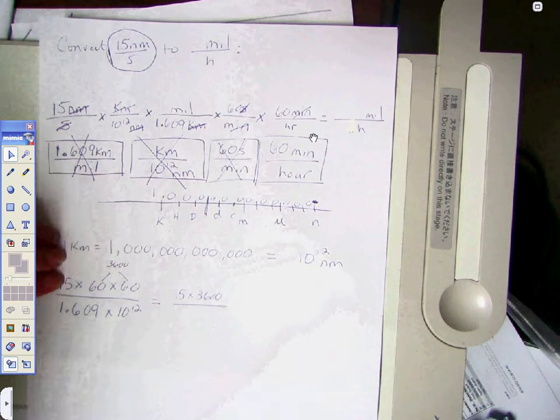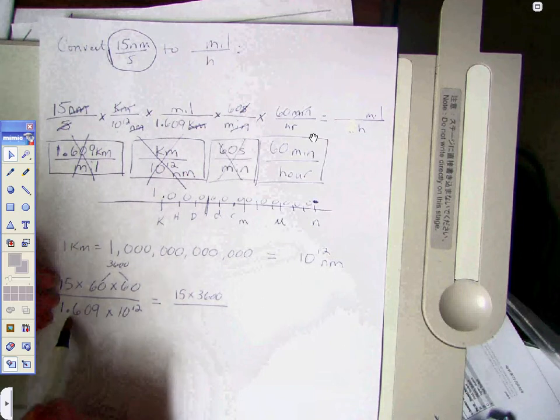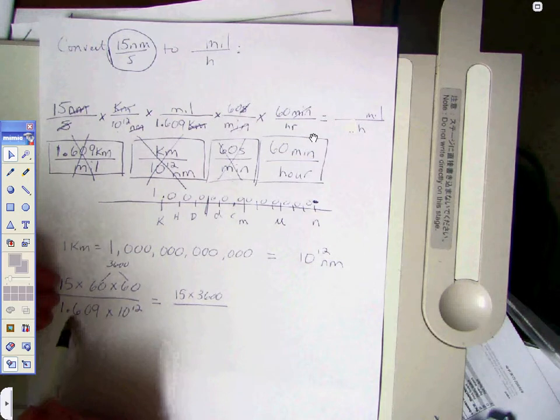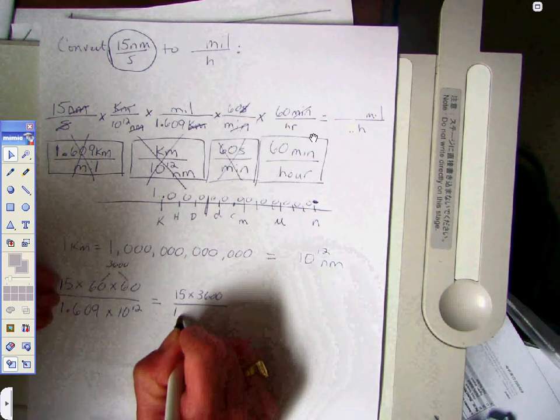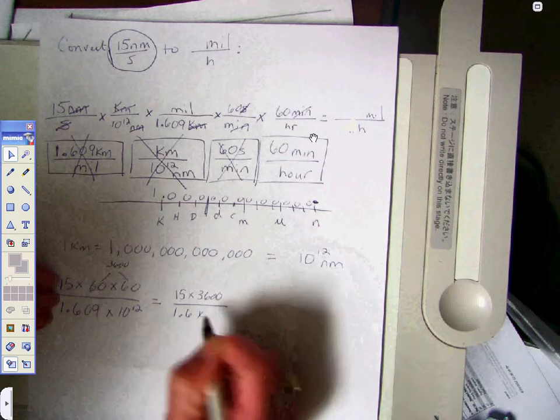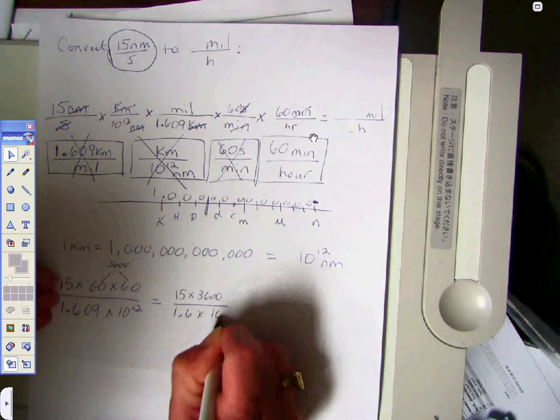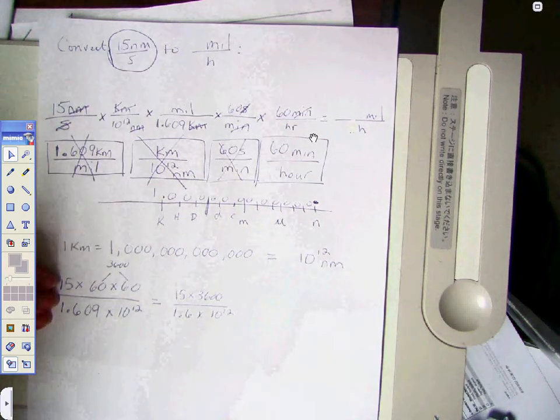And on the bottom, let me just go ahead and round this number. And we'll see that we can probably come very close by rounding. Okay, I've got 1.6 times 10 to the 12th on the bottom.